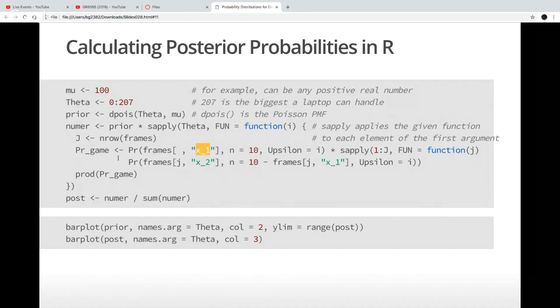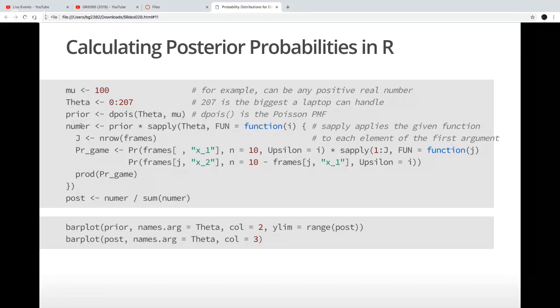And then we do prod of those to multiply those 9 probabilities together to give us the probability for this or that happening in a game of bowling, excluding the 10th frame, for each of the 208 values of theta that we are considering, 208 being basically appropriate for infinity.